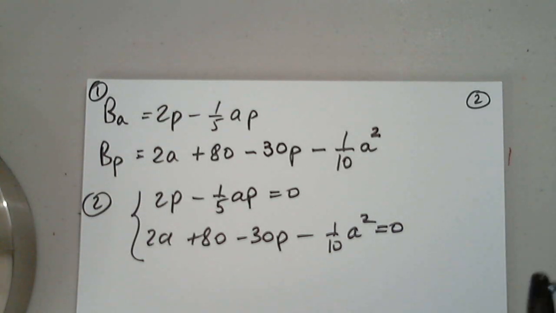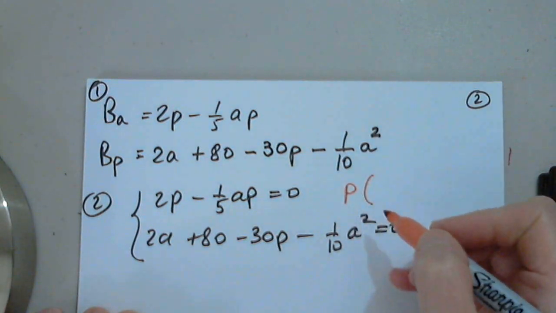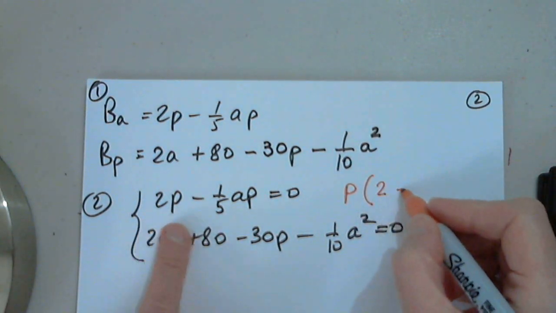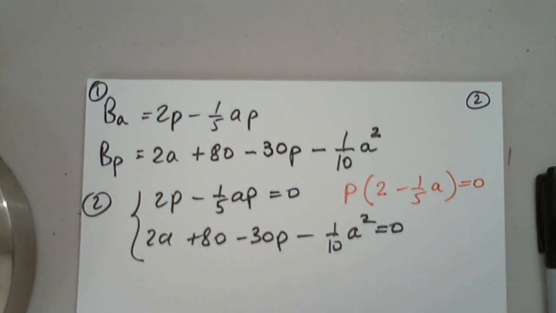Since we have a common factor in there, I am going to pull it out. So I have p times 2 minus 1/5 a equals 0, right? There is p here and there is p here. I pulled it out, and I had 2 minus 1/5 a equals 0.